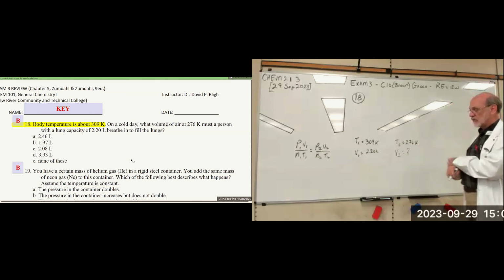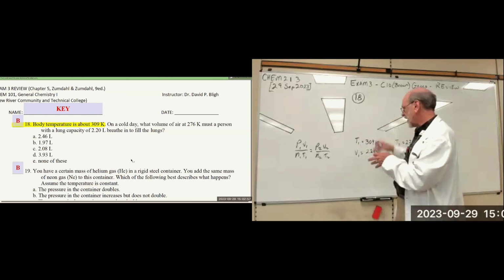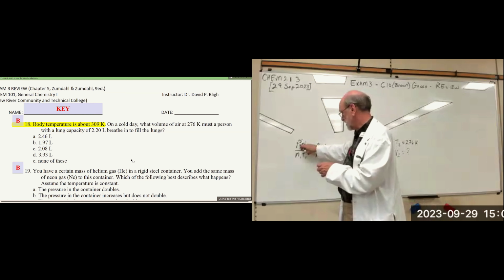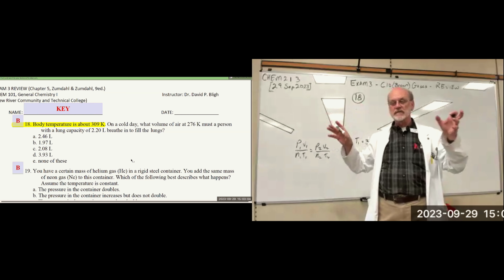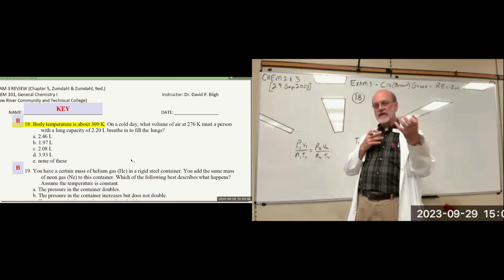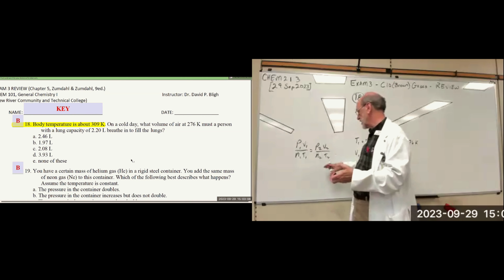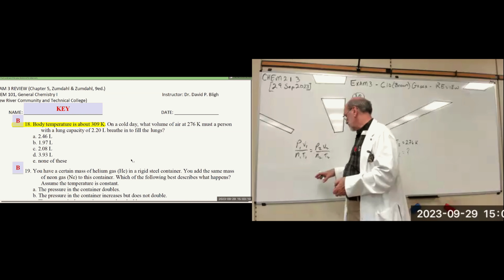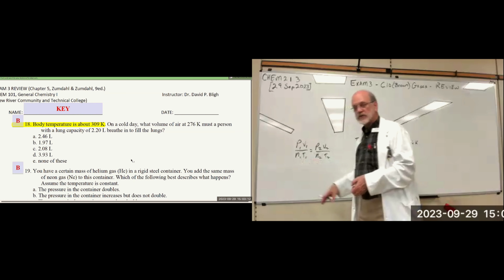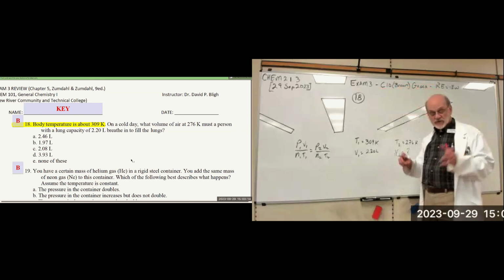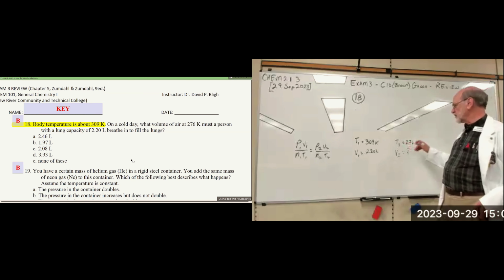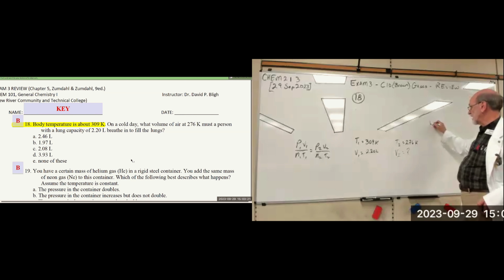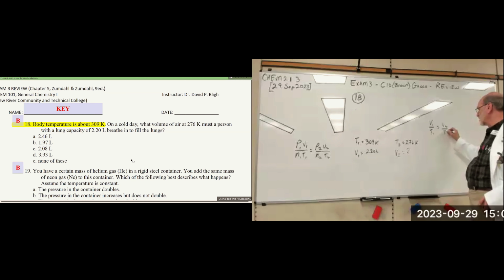All right? So we can use this formula again, volume and temperature. The pressure is going to be the same because it's all at 1 atmosphere, right? Air outside and air inside, same pressure. And the number of moles should also be constant. We're assuming that it is constant. So temperature and volume would be Charles' law, right? Volume 1 over temperature 1 equals volume 2 over temperature 2.